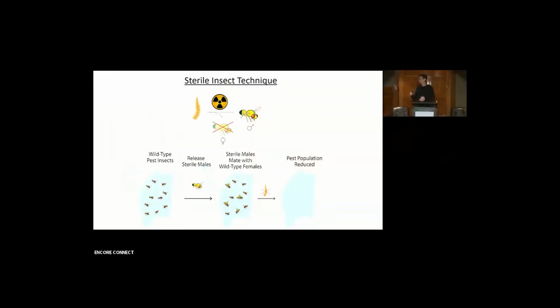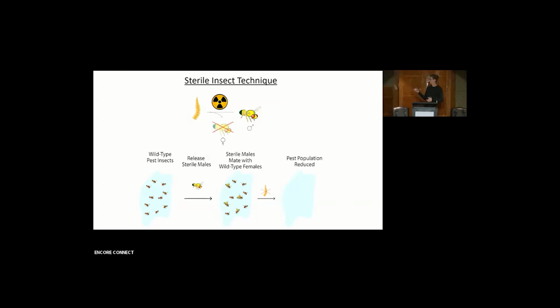So first, essentially all of the different genetic biocontrol tools that are out there, using synthetic biology, Wolbachia infection, or what have you, are inspired by the sterile insect technique, which was developed in the 1950s. The way the sterile insect technique works is you use radiation, this could be gamma radiation or X-rays more commonly these days, to sterilize some insects.